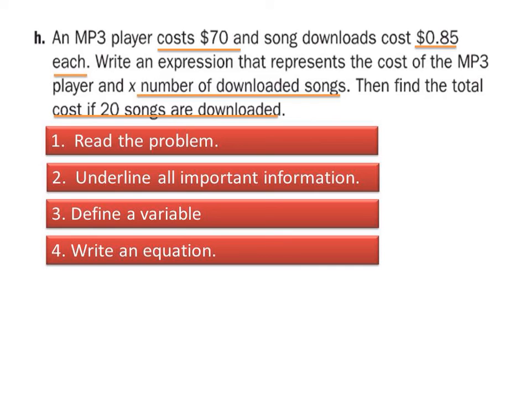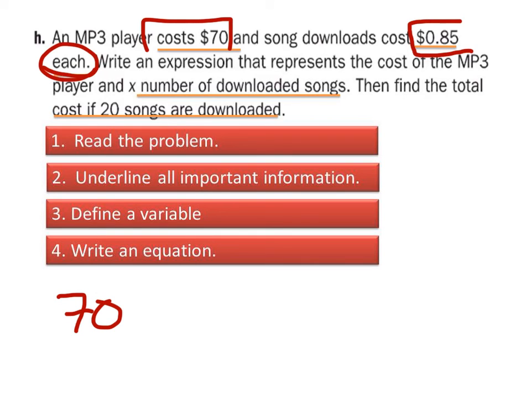So, cost is $70. Song downloads are 85 cents each. In addition to the $70 for your MP3 player, you're going to have to add the 85 cents. But it's 85 cents per song.